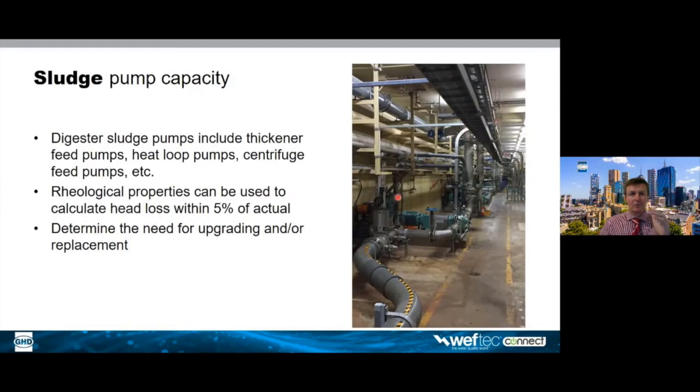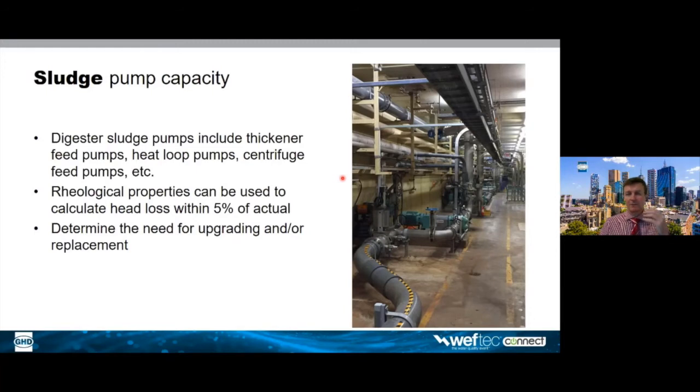As I mentioned before, the capacity of the sludge pumping systems on site, whether they're existing or new systems that are being designed as part of an upgrade, their operating requirements are significantly affected by the sludge rheology.